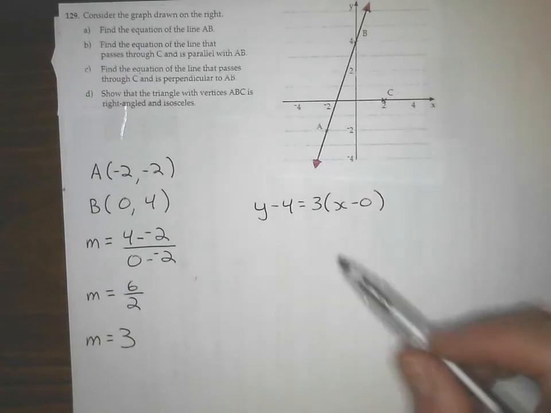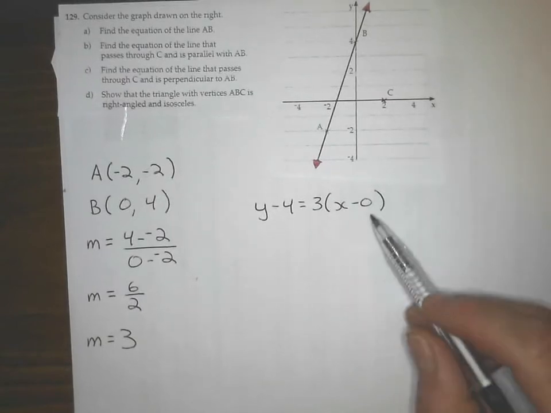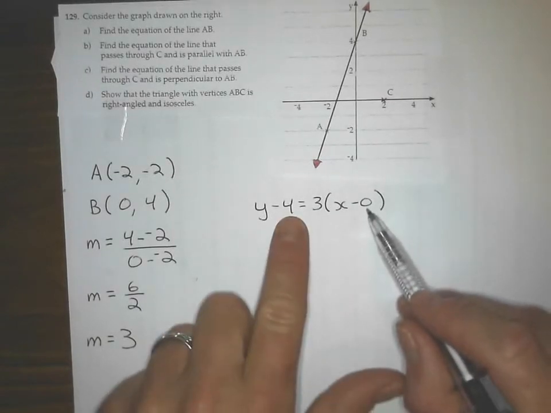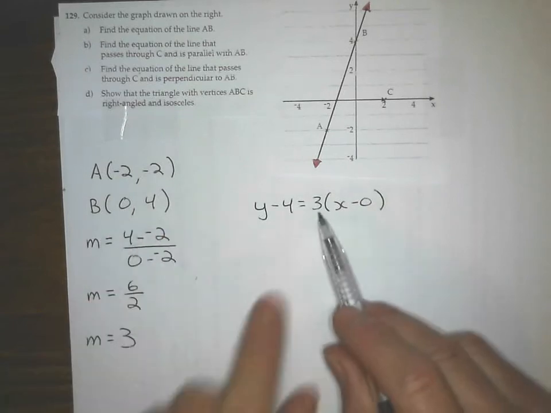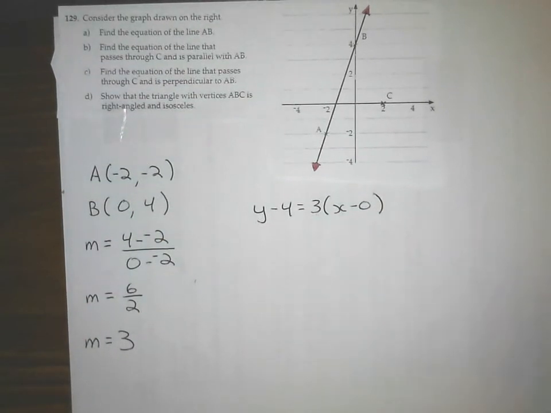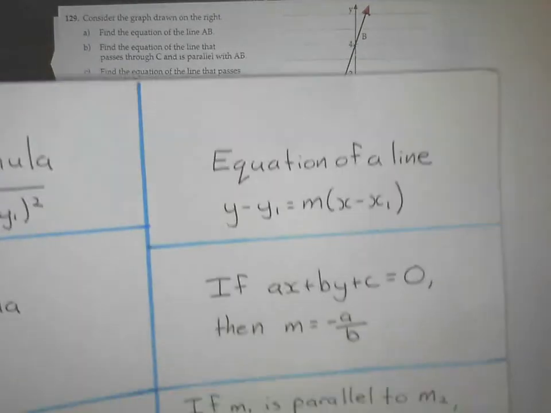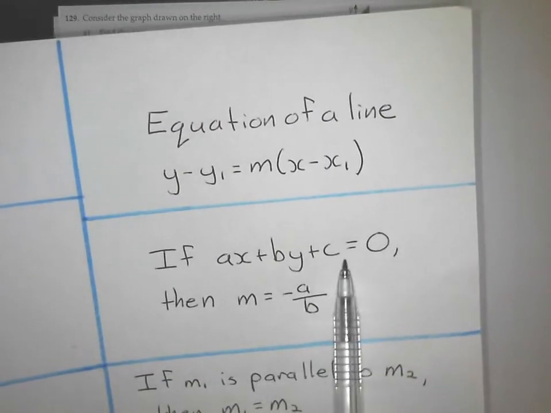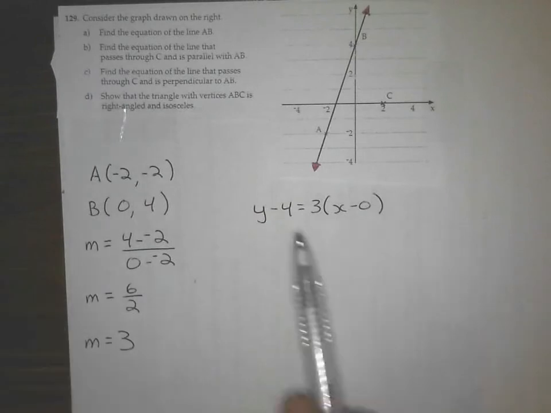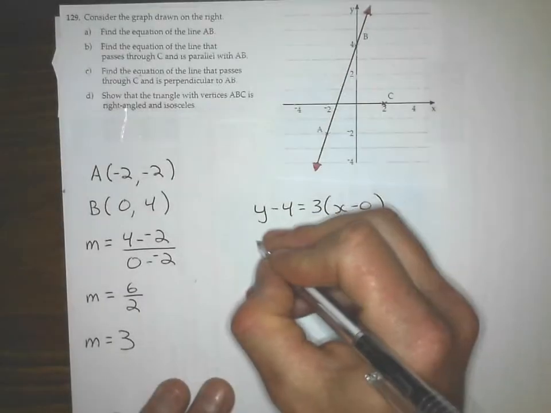Okay, after I substitute my values in, here's x1, here's y1 from this coordinate, and here's my gradient. So now I'm going to want to write my equation in this form right here, which means I need to rearrange this equation. So let's do it.